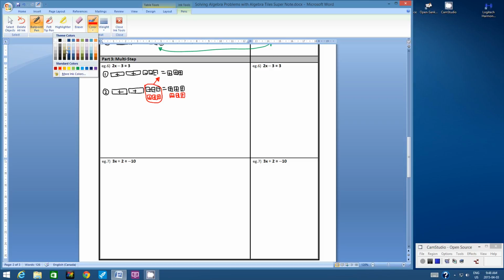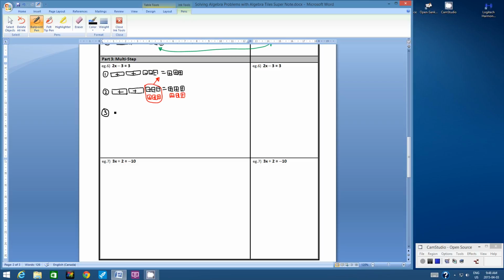Okay, so I'm going to imagine that these 3 zero models are gone. What would I be left with? I would be left with 2x equals positive 6. Now here's where we use our Part 2 video strategies of making groups.